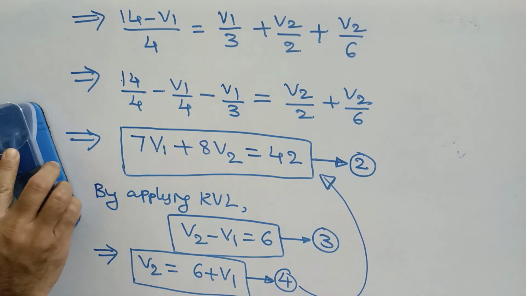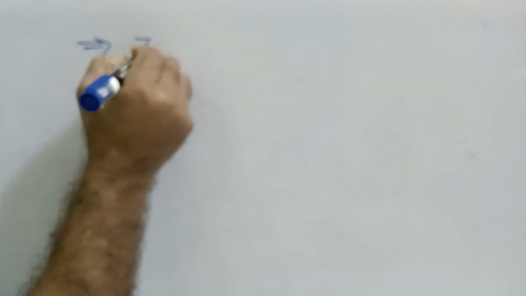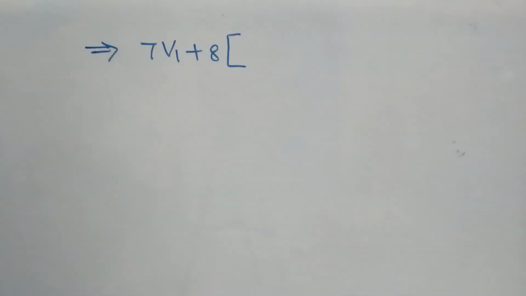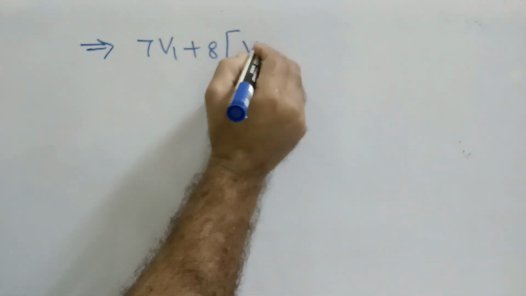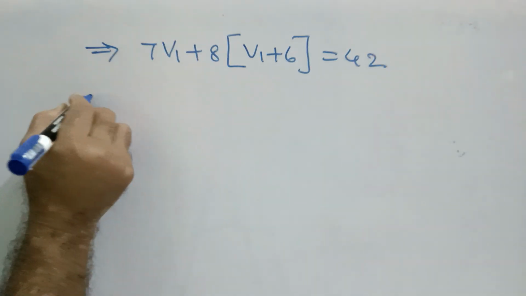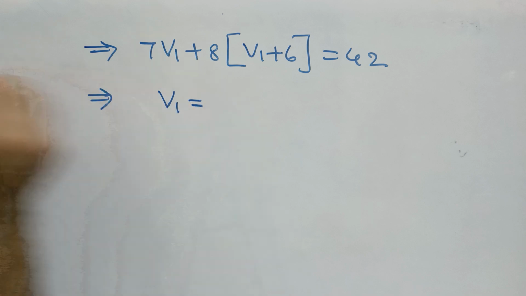By substituting that V2 value in the above equation, it is something like this: 7V1 plus 8 times V2. What is V2 actually? It is V1 plus 6, is equal to 42. Is it not? From this you can simplify this and you can get the V1 value.